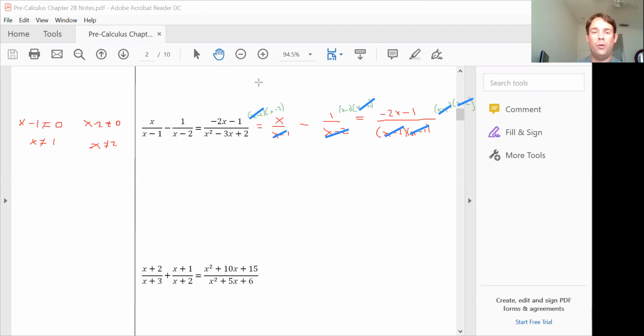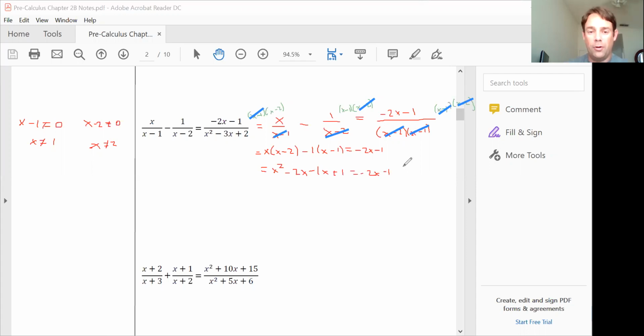So what I'm left with is x times x minus 2 minus 1 times x minus 1 equals negative 2x minus 1. We used to call these back in Algebra 1 fraction busters, because you're busting up the fractions, getting rid of them, so that we can solve them all the way down.